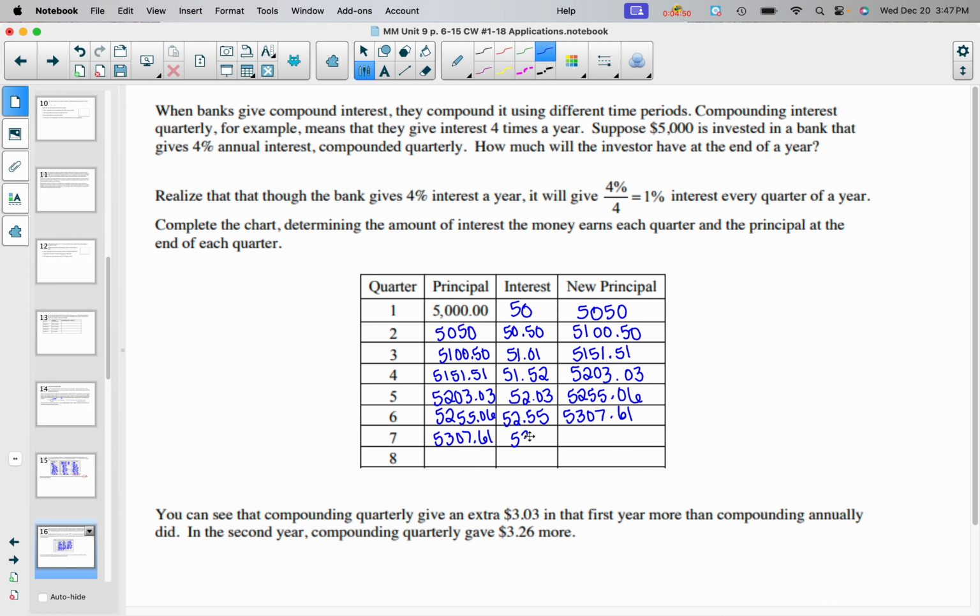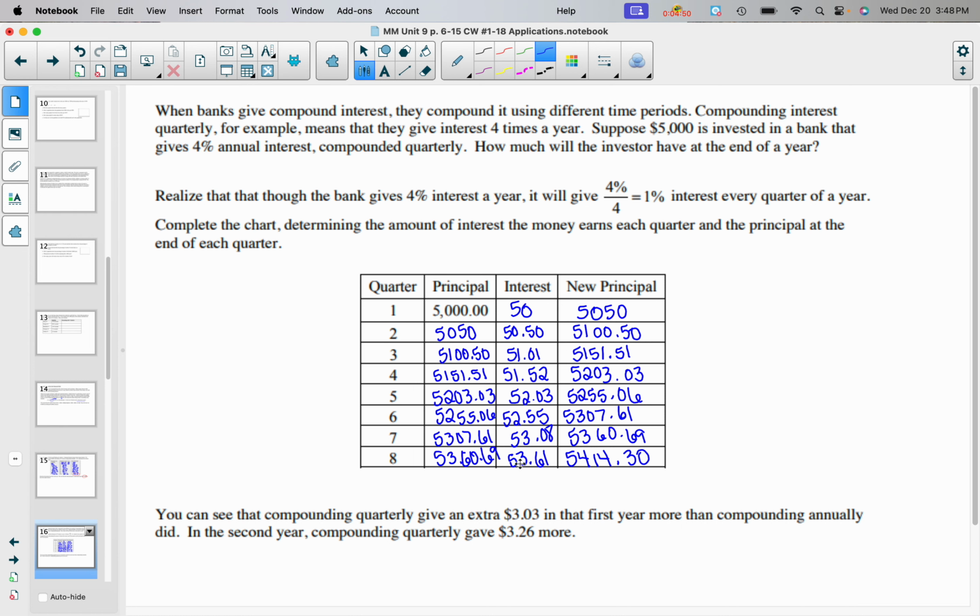Then that one would be 53.08. So now we have $5,360.69. So we would earn $53.61, and we would have $5,414.30. If it's 4 quarters in a year, that's after 2 years.